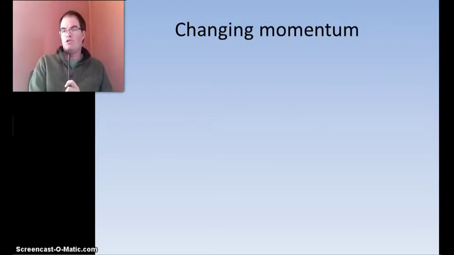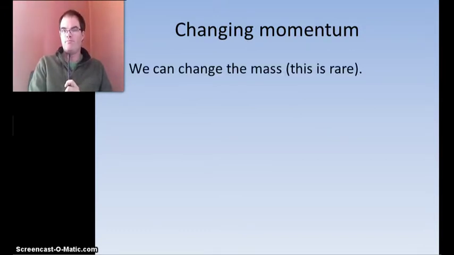If we're going to talk about changing momentum, we need to consider the two ways that we can do this. Since momentum is mass times velocity, we can either change the mass. I don't know how that would happen. If you were a car, maybe, and your gas tank was leaking, you could be losing mass. I guess you're losing mass anyway.